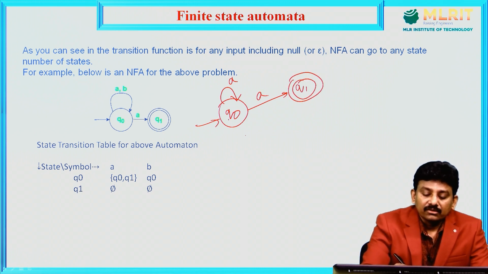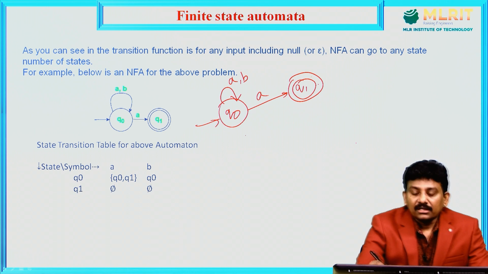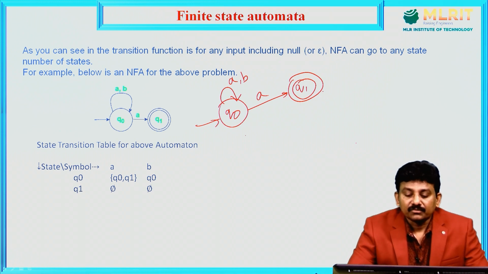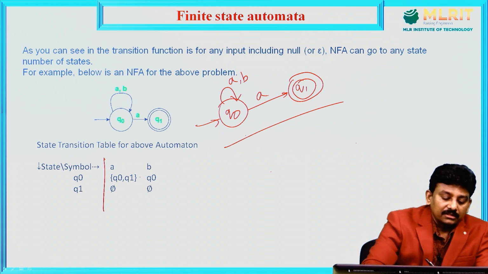In Q0 for input symbol B, you can stay in Q0. Also, unlike in a DFA, there is no need to define transitions for all symbols and states; in a DFA you must define the transition function for every state and symbol. So this is the NFA for the same problem, with its transition table.